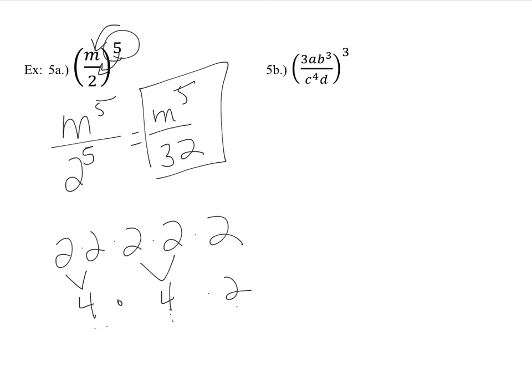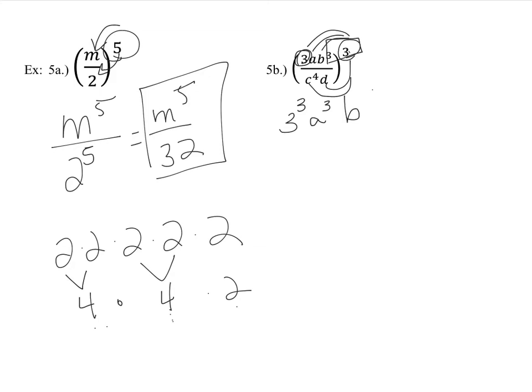You've got multiple things. That little 3, it has to go on every single factor. Every single factor, including the 3. Don't forget that 3. It has an exponent of 1 on it right now, but I'm taking it to the 3rd power. So it's going to be 3 to the 3rd power, a to the 3rd power, b to the, what do we do with those exponents?